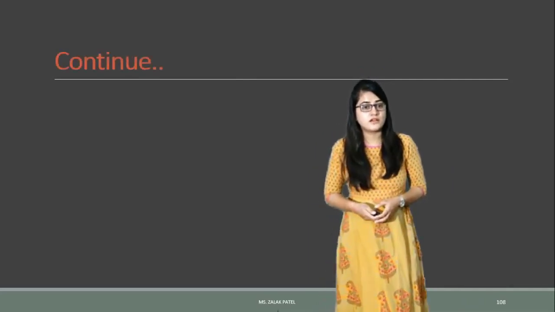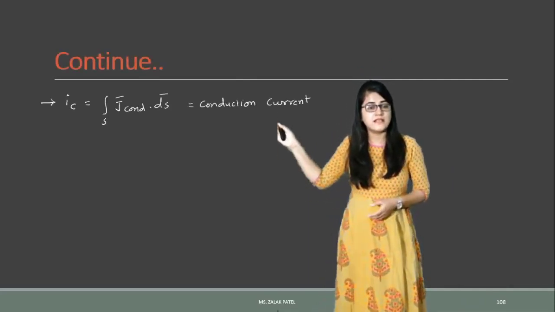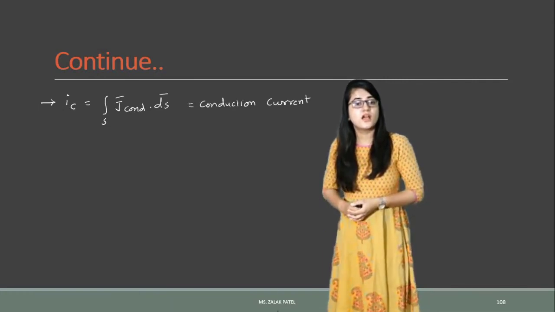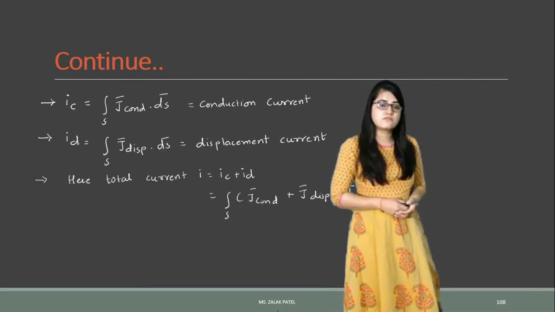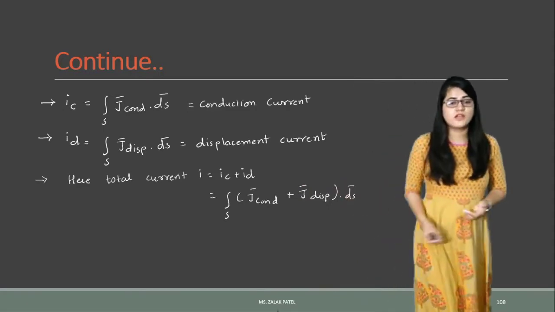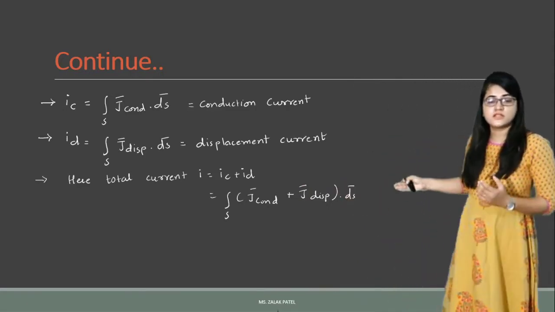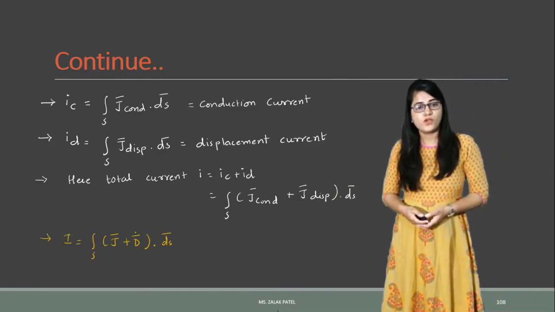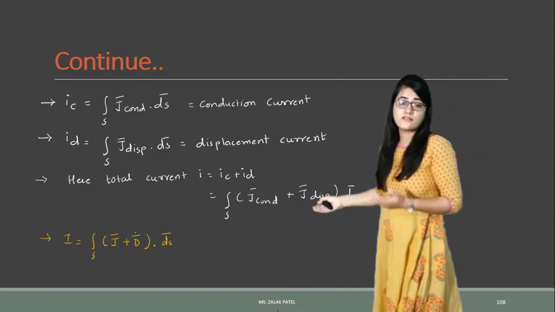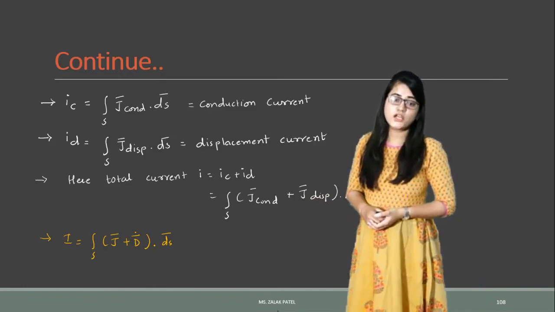So it can be written in the form of Ic equal to surface integration of conduction current density, and Id is displacement current density. So total current can be written as surface integration of J conduction plus J displacement dS. So I can be written as surface integration of J plus D bar dot dS.